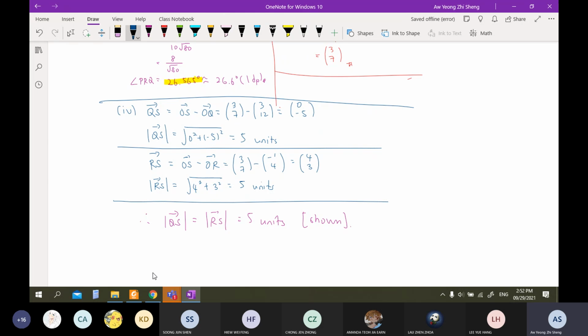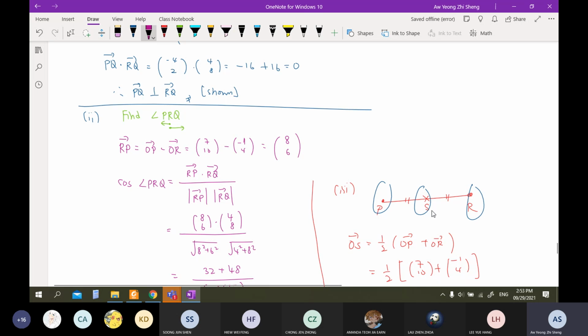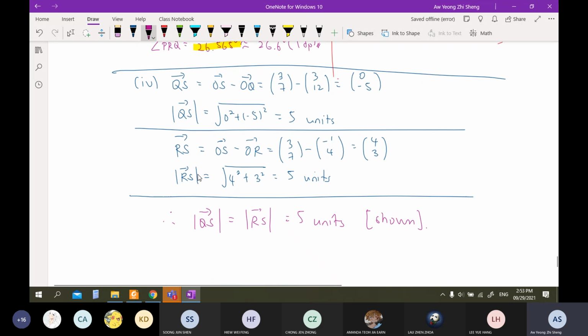Here, the method that I will show you uses the previous results. But honestly speaking, the previous result is not so easy to use for this question. It requires you to use the fact that S is the midpoint of P and R, and also make use of the length of QS equals the length of RS.